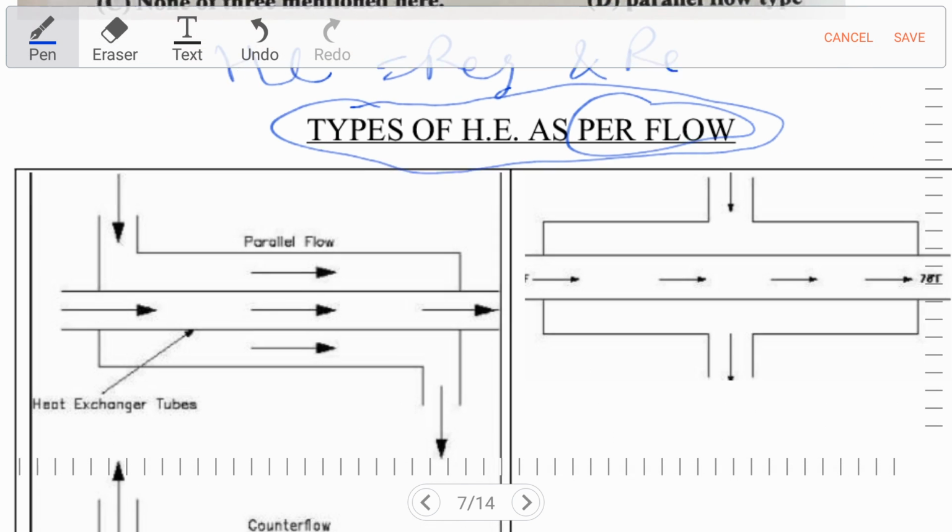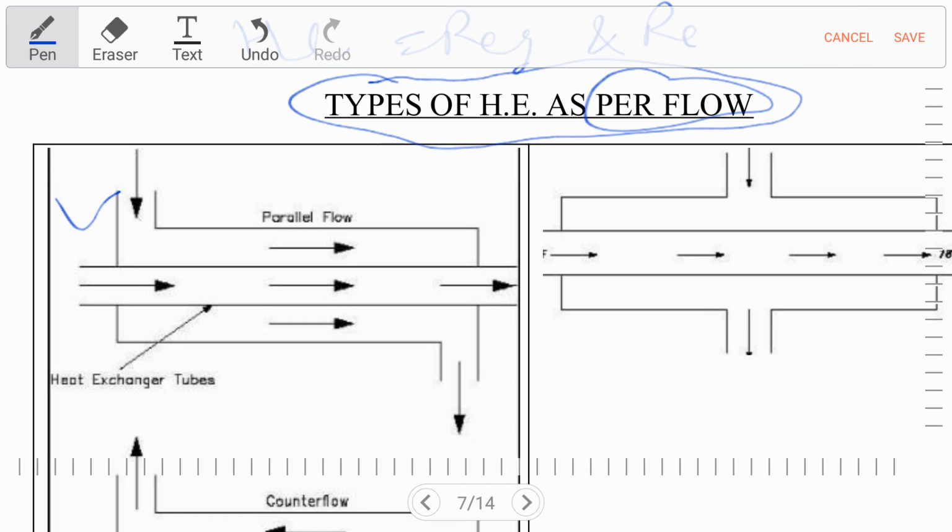So let's see. In this figure, the cold water inlet is at A and the cold water outlet is at point B. At point C, our hot medium will enter the pipe and it will come out from point D. This is our hot medium inlet, and point D will be our hot medium outlet.